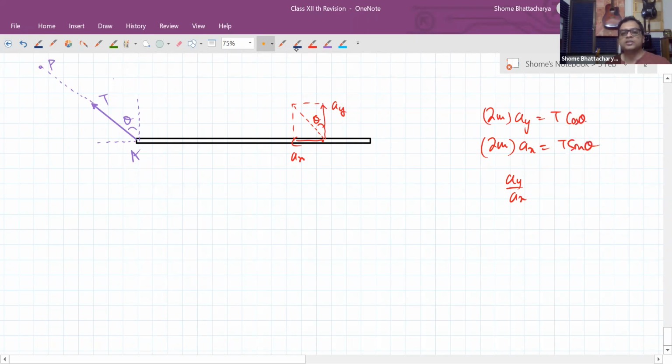This is the force picture just after impact. So this is the center of mass, and it will have an angular acceleration alpha like this because of the torque. Okay, so we'll have Ax by Ay is equal to tan theta.